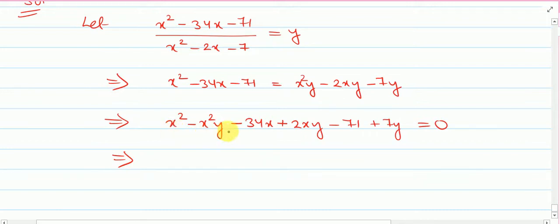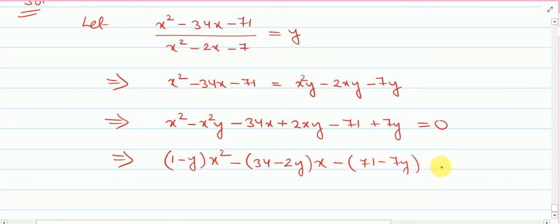Now from these two terms x square is common, so I'll get (1 minus y) x square, and here you can see x is common, so we will get (34 minus 2y) x, and this can be written simply like this, 71 minus this, equal to 0.